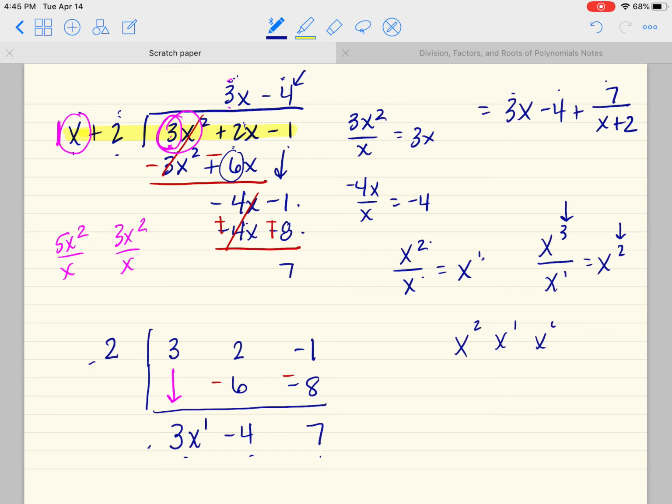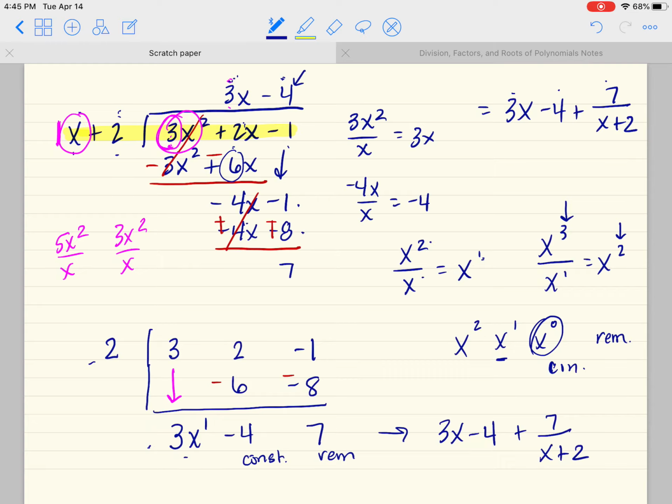Descending down means if you started with x squared, then it'd be x to the first, then x to the 0, but what's anything to the power of 0? It's just 1. So x to the first will be the last of the variables, and then it would be the constant, and then the last number is going to be the remainder. So we have x to the first, this is our constant, and this last one is going to be the remainder. So we're reading this as 3x minus 4 plus a remainder of 7 over the divisor, which was x plus 2.